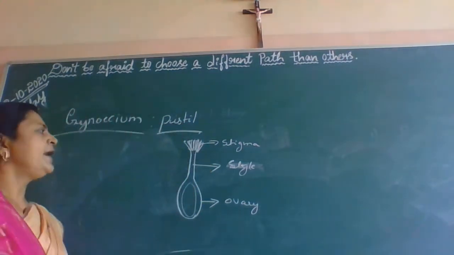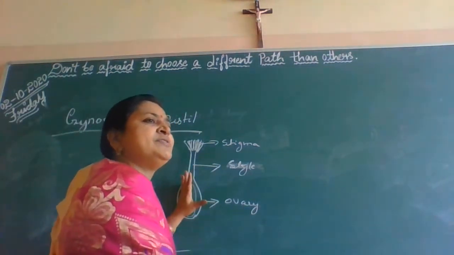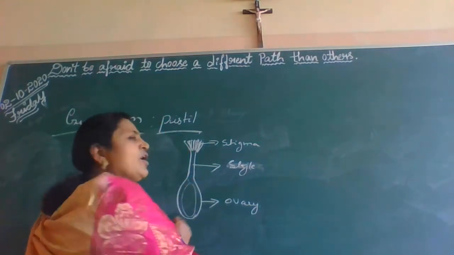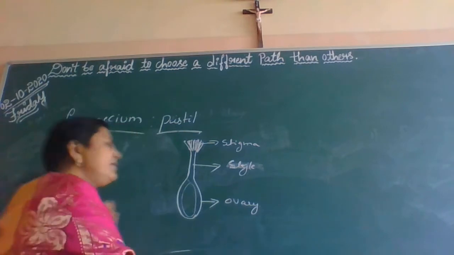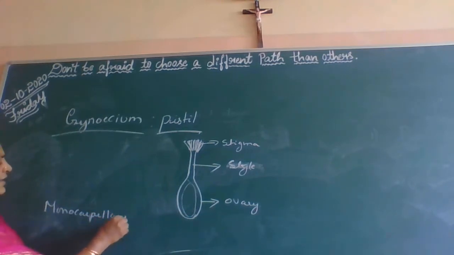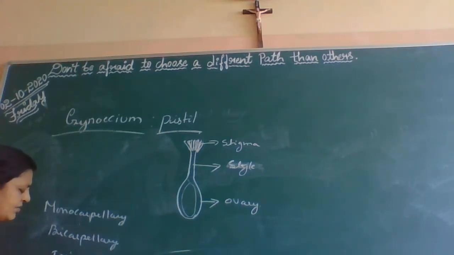Now, based on the number of carpels, based on the number of what? Pistil, or based on this ovary, we can identify monocarpellary condition, bicarpellary condition, or it may be tricarpellary, or it may be multicarpellary.